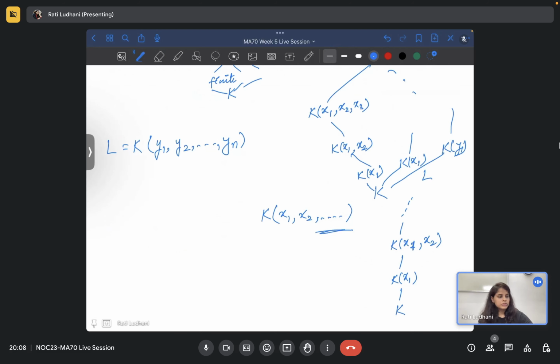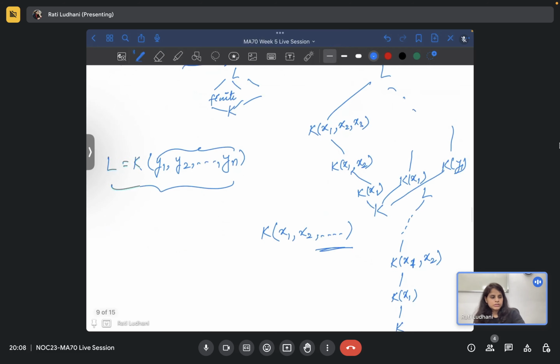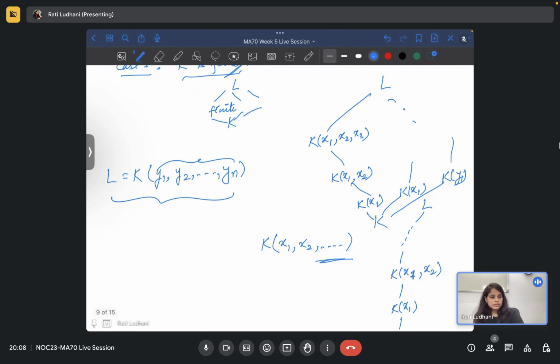So it has to stop somewhere. So that means the number of elements has to be finite.